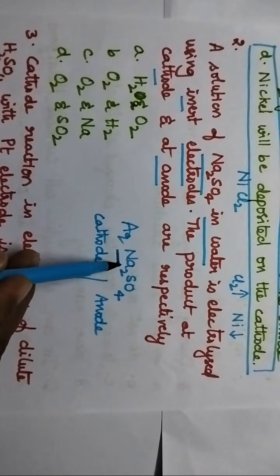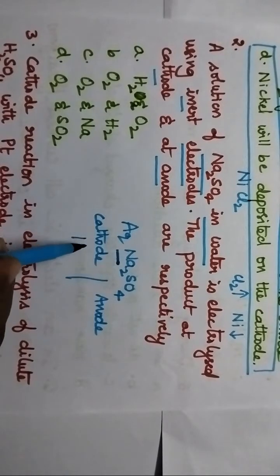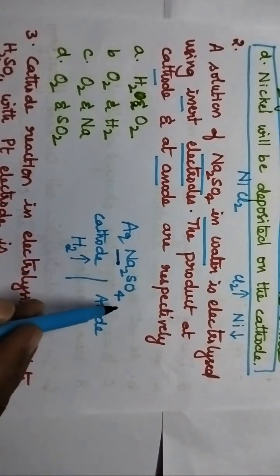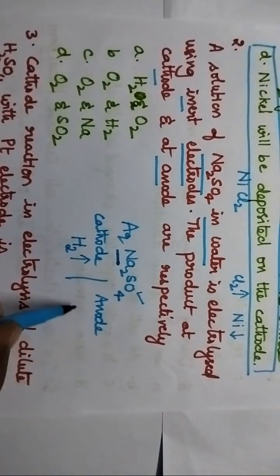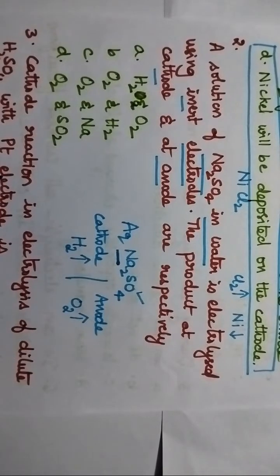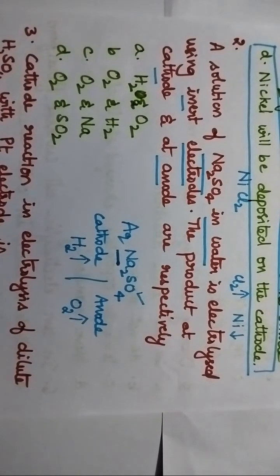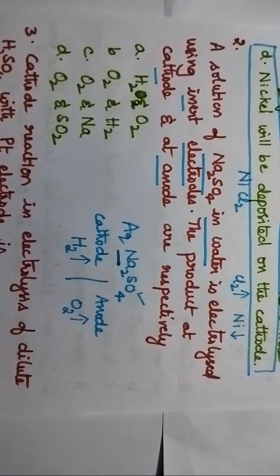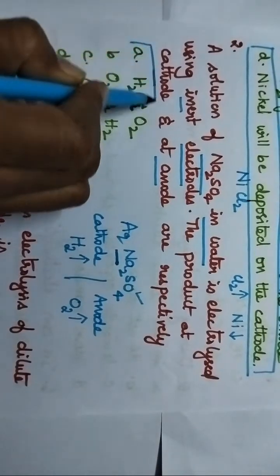It is other than a noble metal, and hence hydrogen gas will be liberated at the cathode. Here sulfate ion is present, so oxygen gas will be liberated at the anode. So what is the right option? Durga, what is your answer? Yes. Priceless brains, very good. So option A is the right answer.